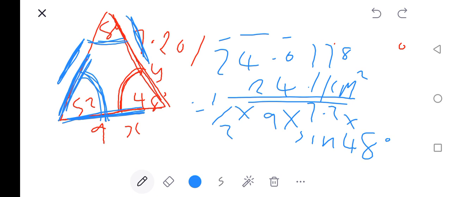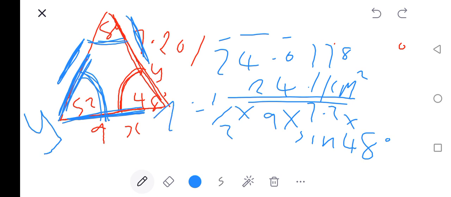The last one. What is it saying? The shortest distance from Y to XZ. So Y is here.